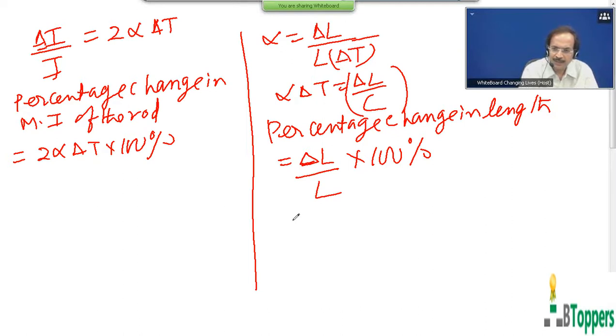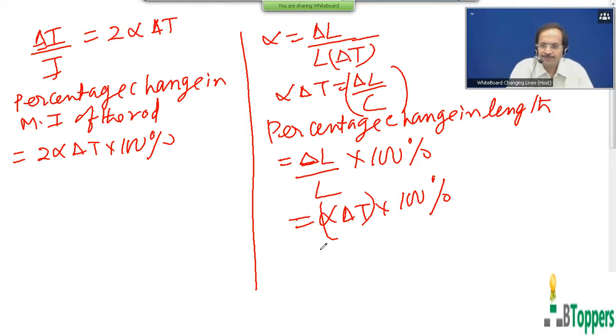So delta L by L can be written as alpha into delta T, and the percentage change in the length of the rod when heated uniformly is alpha into delta T, the change in temperature, into 100%.